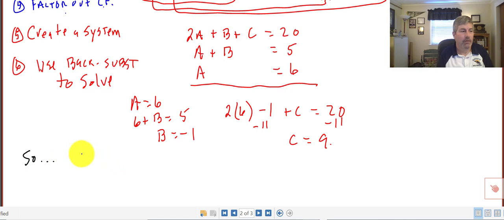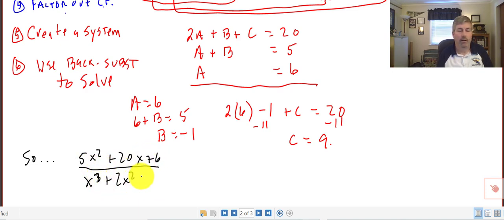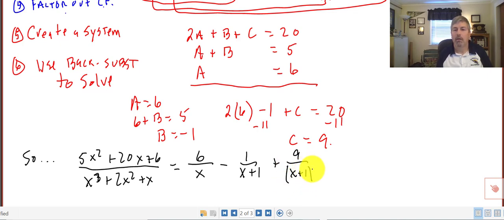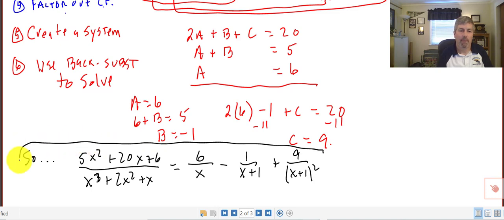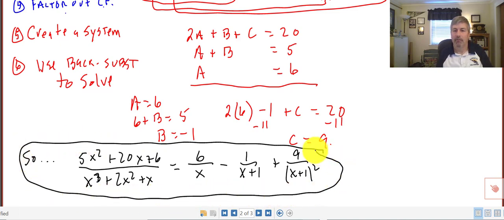So 5x squared plus 20x plus 6 over x cubed plus 2x squared plus x equals a, or 6 over x, minus 1 over x plus 1, plus c, 9 over (x plus 1) quantity squared. And that is our final answer.